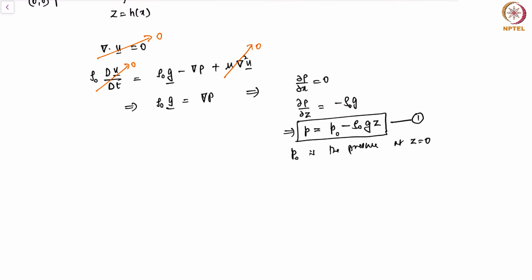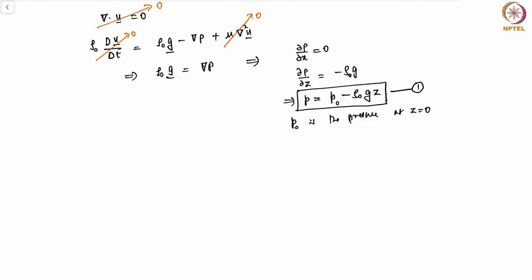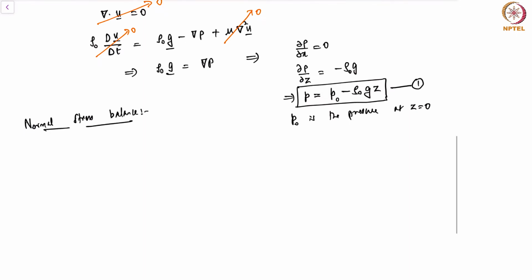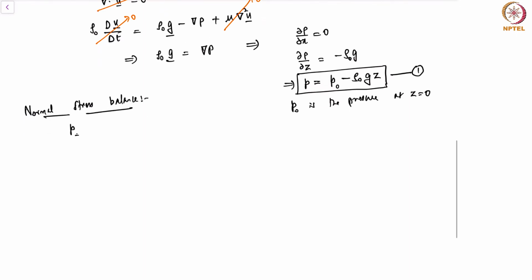Now the pressure jump across the interface, if you have curvature, is given by the normal stress balance, which essentially says that the Laplace pressure jump is just minus gamma times del dot n.